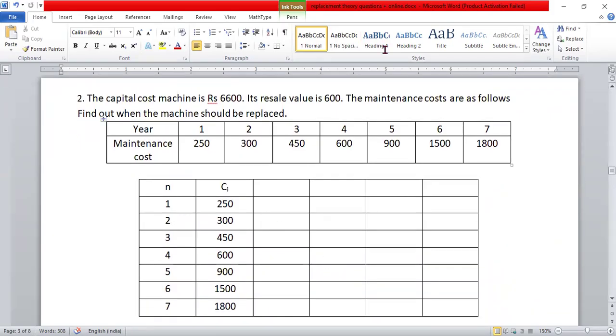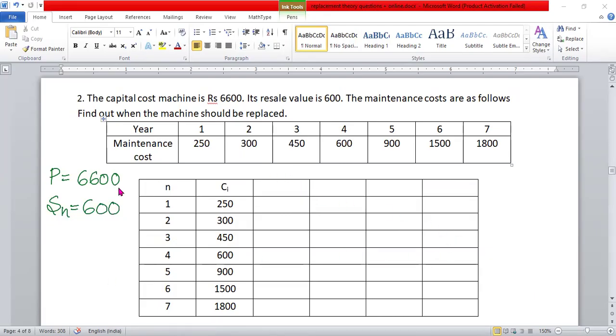The second question is, the capital cost of a machine is 6,600 and resale value is 600. Okay. So capital P is given, 6,600. That is called purchase cost or capital cost. Resale value is denoted as SN. When they give two row sums, P is given, S of N is given, fixed one. So that is called 600. Okay.